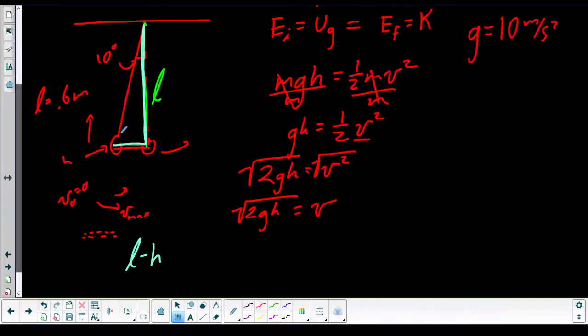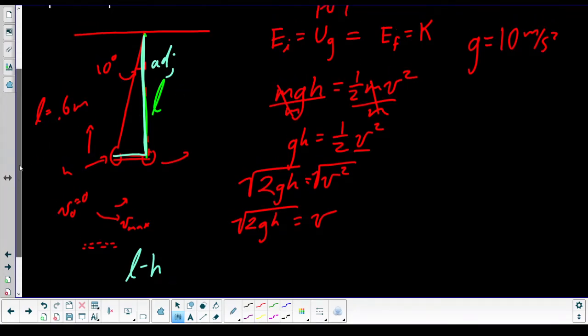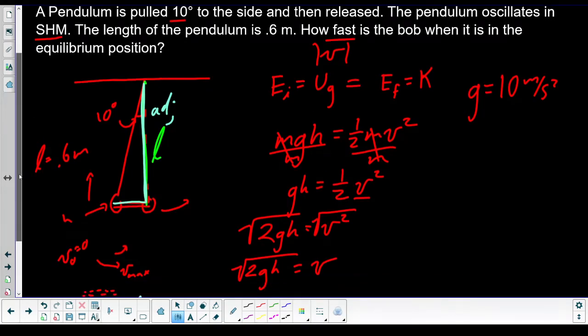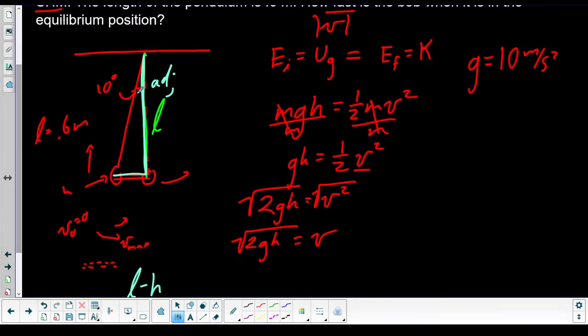Okay, so let's figure out how long this side of the triangle is. What sides do we know? We want to know this adjacent side here. We don't know this width here. We know this length, this length is L, and L is 0.6. So this is our hypotenuse, which is 0.6 right there.